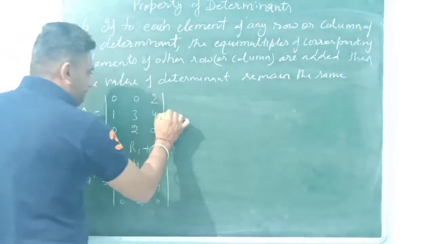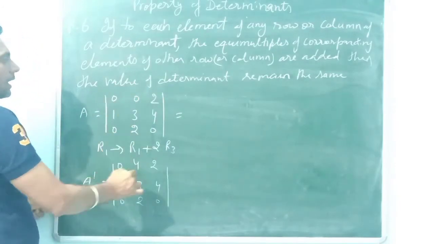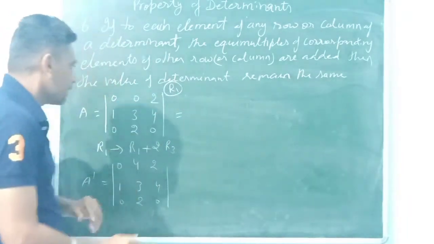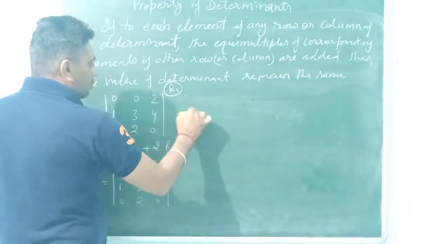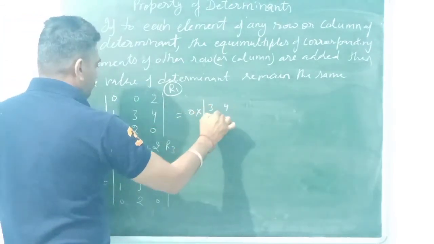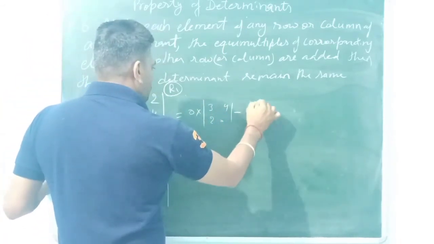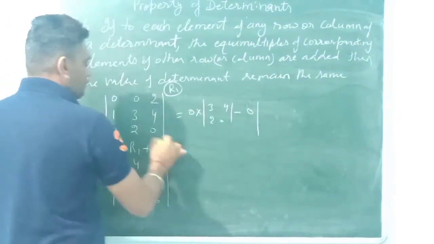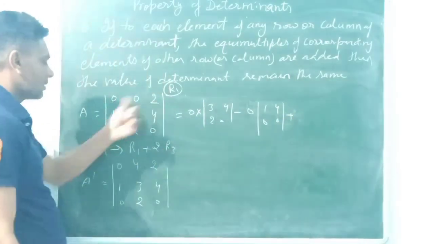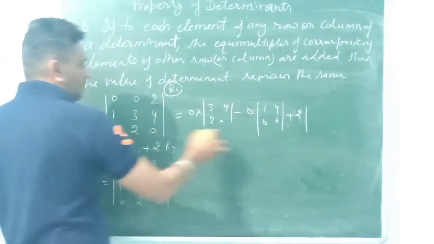Now check. If we expand this along R1, what will come? 0 into 3 4, 2 0, minus 0 into 1 0, 4 0, plus 2 into 1 0, 3 2.